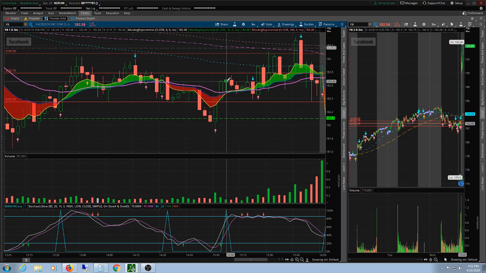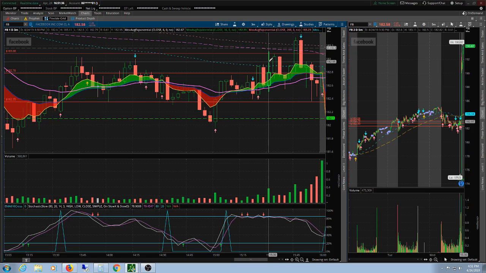I sold the first one at 332, which would have been just before the close of this candle, so about this level here. Sold the first one for 288. Sold the second one actually about the same time for 293, so near the close of this.